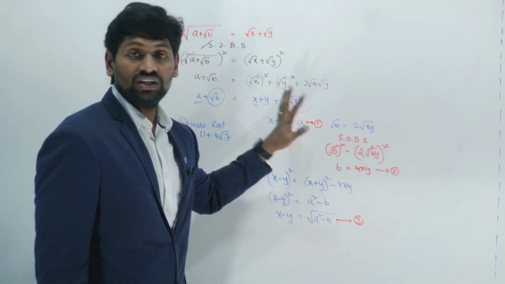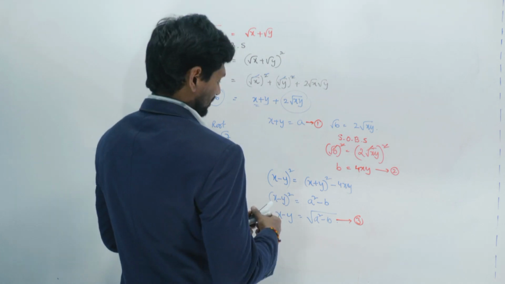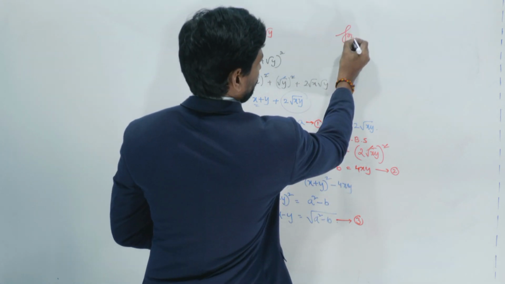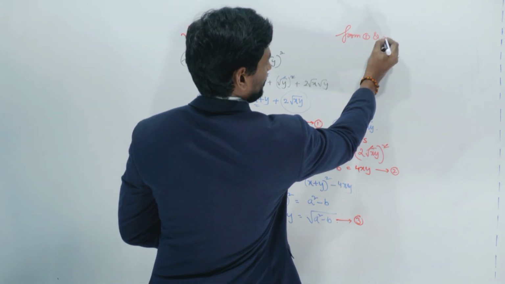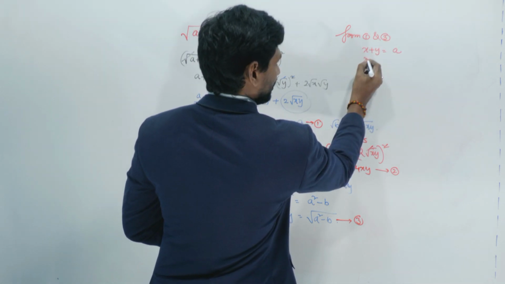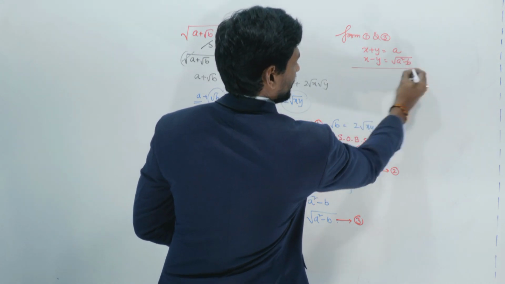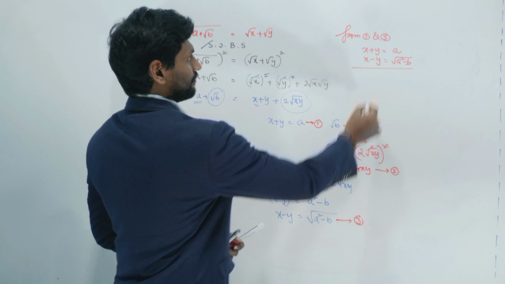Now I am going to solve equation 1 and equation 3. From 1 and 3: what is 1? X plus y is equal to a. 3 is x minus y is equal to square root of a square minus b. Add both of them simply.